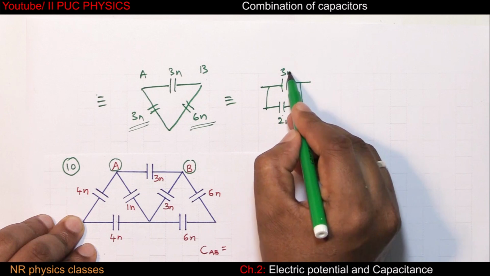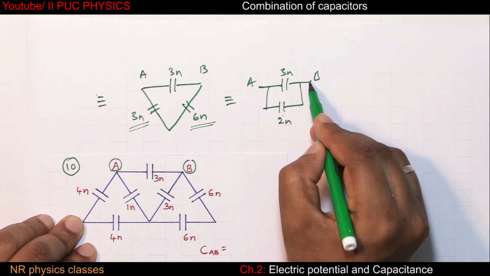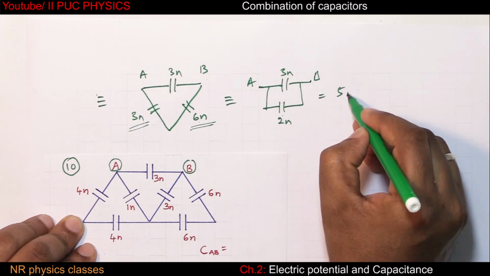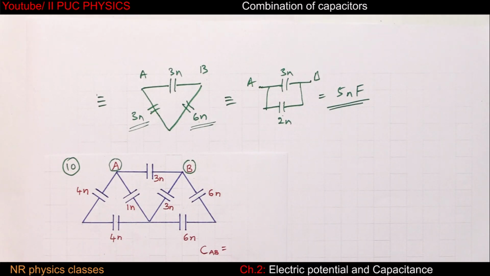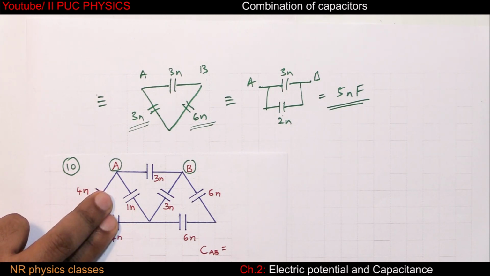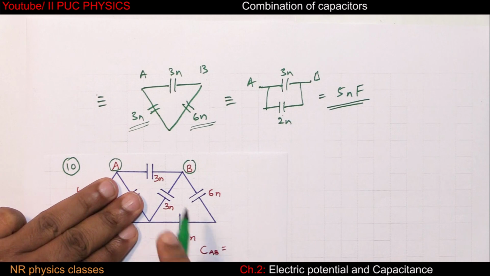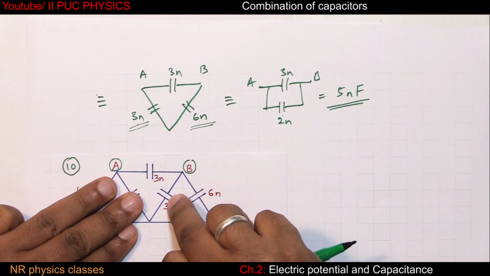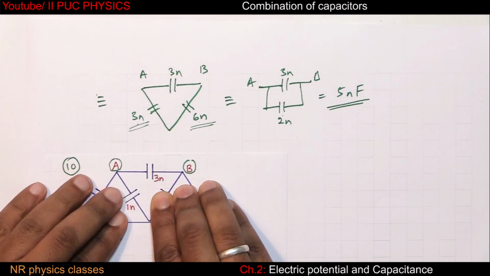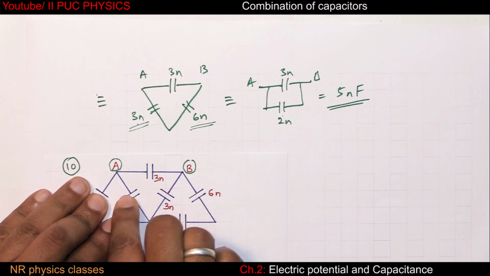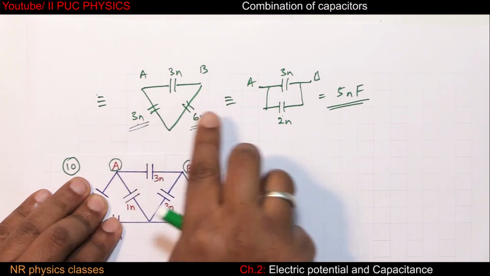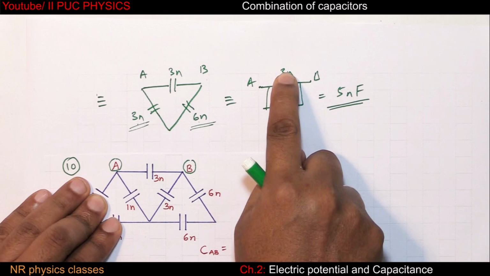This 3 nano, this is 3 nano. 2 nano and 3 nano are in parallel, which is equal to 5 nanofarad. 4 and 4 gives 2, 2 plus 1 gives 3, that 3 is this. 6 and 6 series 3, 3 plus 3 parallel 6, that 6 is this. Now this is 6, this is 3, this is 3. These two are in series. 3 and 6 in series means 2. 3 nano plus 2 nano is 5 nanofarad.